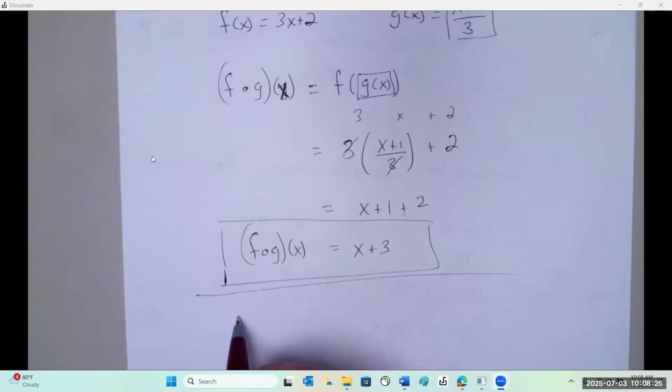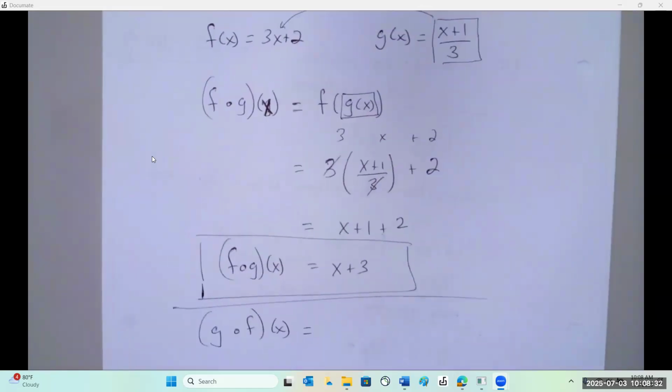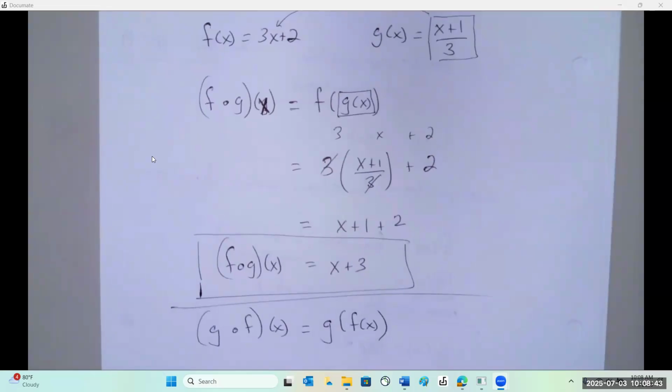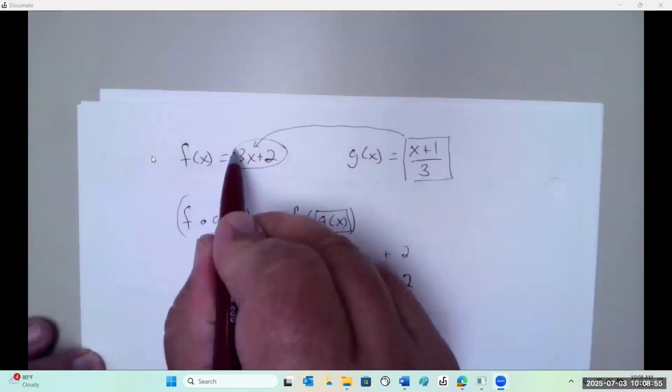We can go the other way also. G of f of x. So what this thing says is I take the function f, the equation of f, and put it in place of x in g.